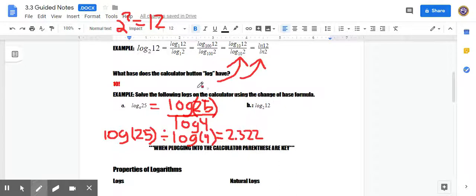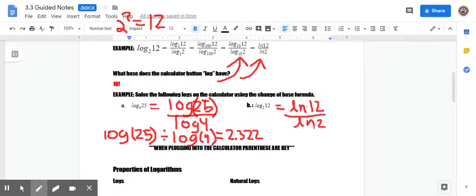Here we have the example that we saw above, log base 2 of 12. Log base 2 of 12 is equal to, let's use ln in this case. Let's switch it up. Instead of using a log base 10, we're going to use ln. We can use either one, log or ln. So the ln of 12 divided by the ln of 2. Notice my bigger number goes on top, my base goes on bottom.